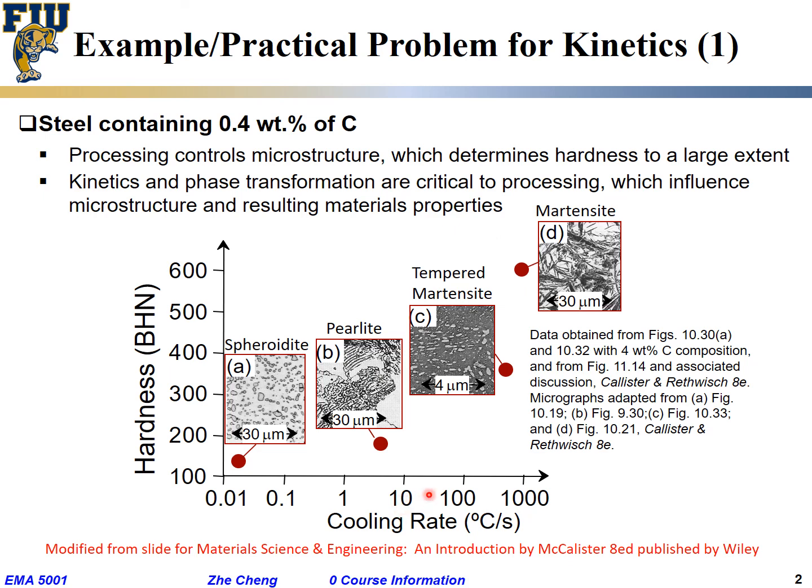How fast we control the process determines the microstructure, and the microstructure determines, as a result, the material property. And in this course, we are going to have some more understanding of this process. How does the processing change the so-called phase transformation, change the microstructure development, and as a result, the material property.